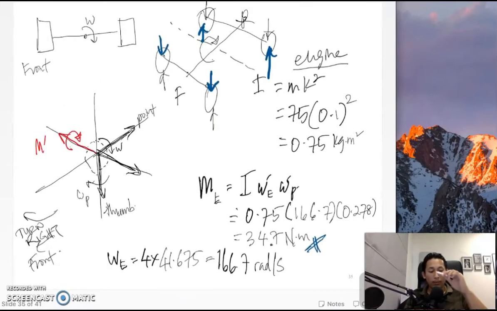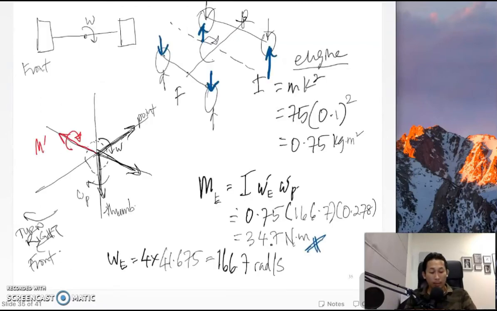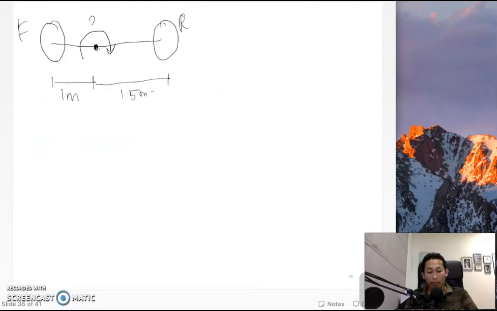The moment at the center of gravity is 34.7. Then we need to calculate the reaction force, this is for the front and this is for the rear.